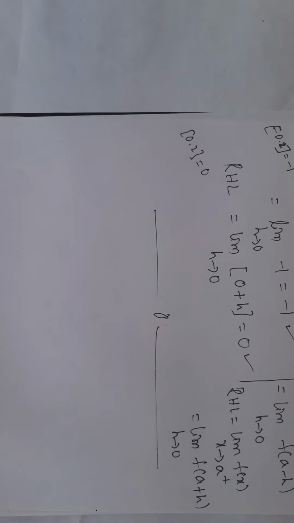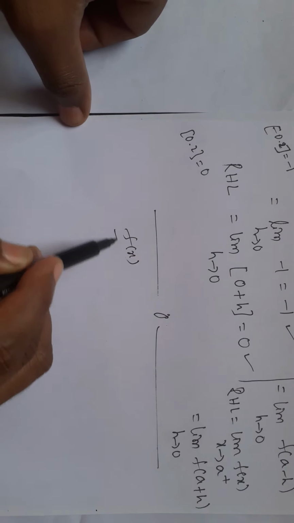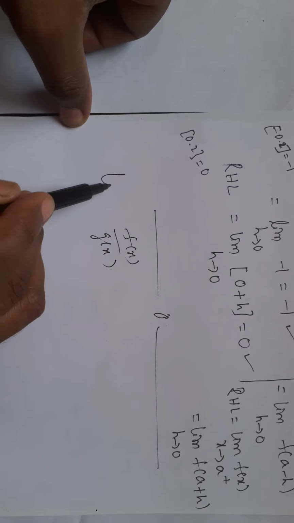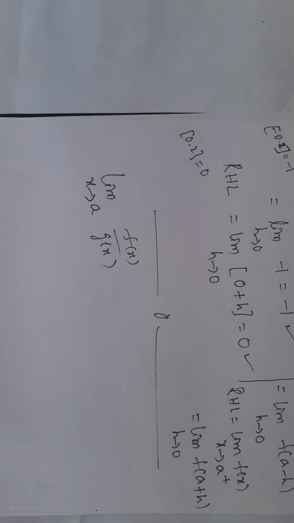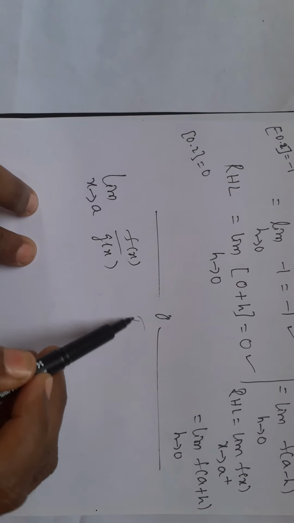Okay. Now I move on to another important technique of evaluating limits. We need to evaluate many functions. Usually there is a function of the form f of x by g of x, with limit as x tends to a. This kind of fractional function, the ratios, can be solved by using different techniques. First I'll deal with factorization. All of you know this.